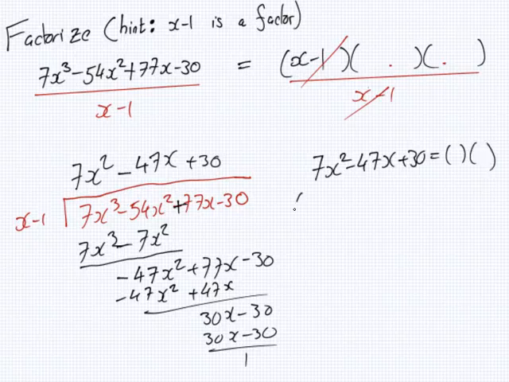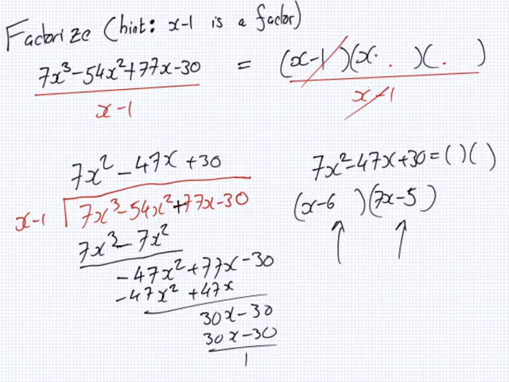That's right. I'm going to be lazy and cheat here: 7x minus 5 and x minus 6. So these are the missing factors: x minus 6 and 7x minus 5.